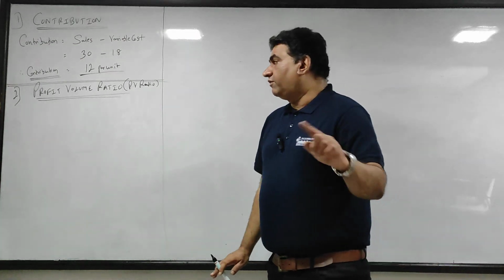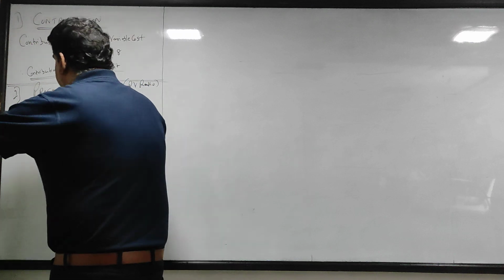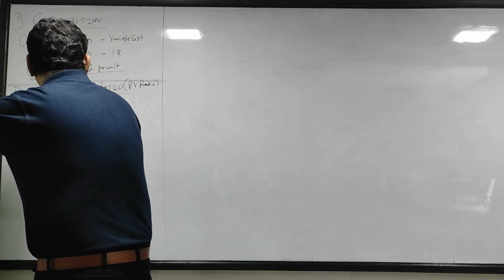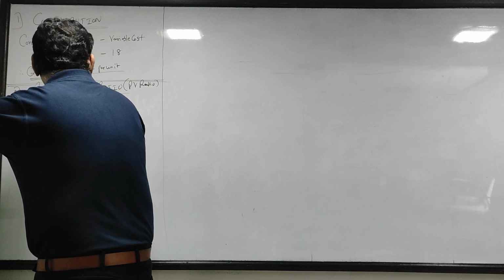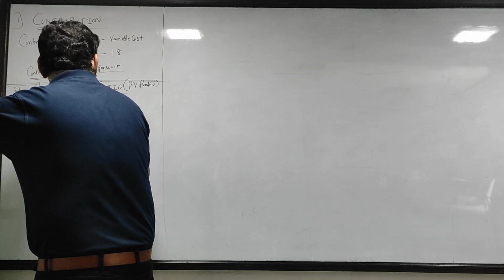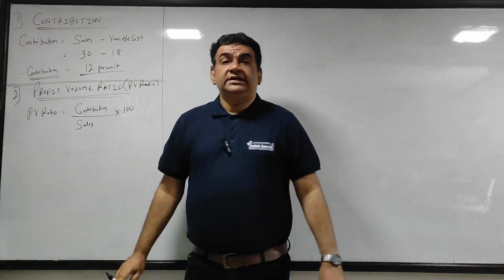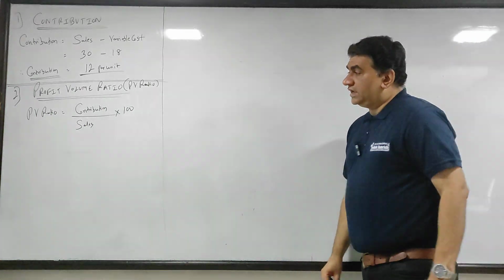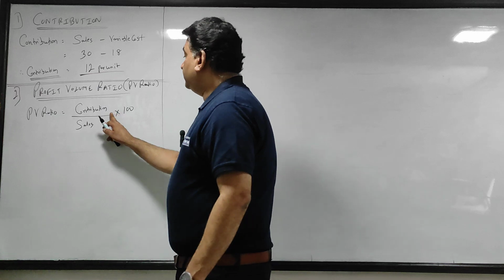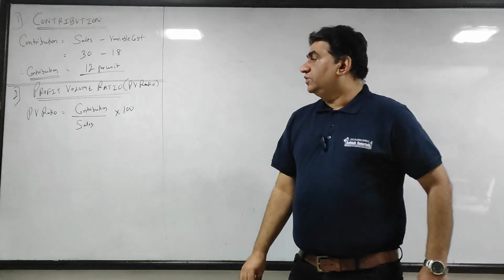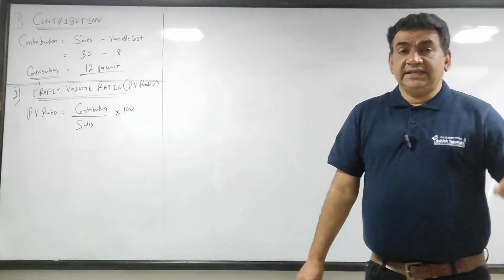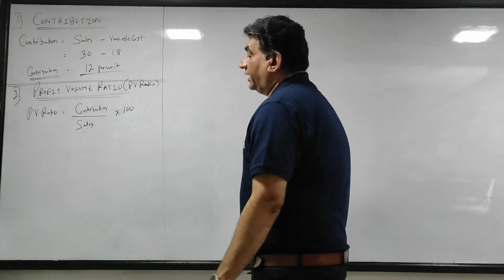Now the formula for PV ratio, I'll write it here: PV ratio is equal to contribution upon sales into 100.